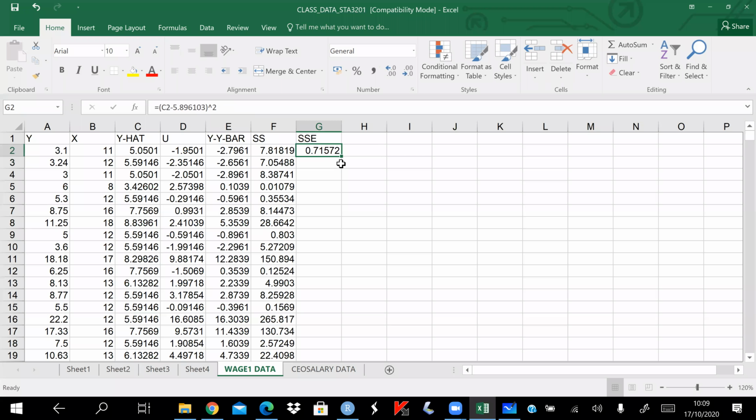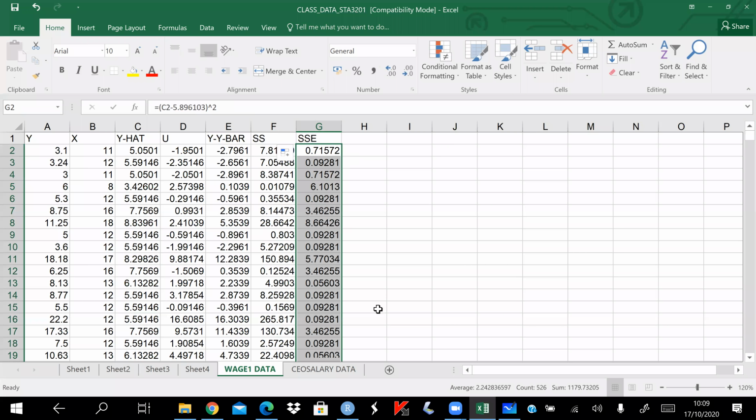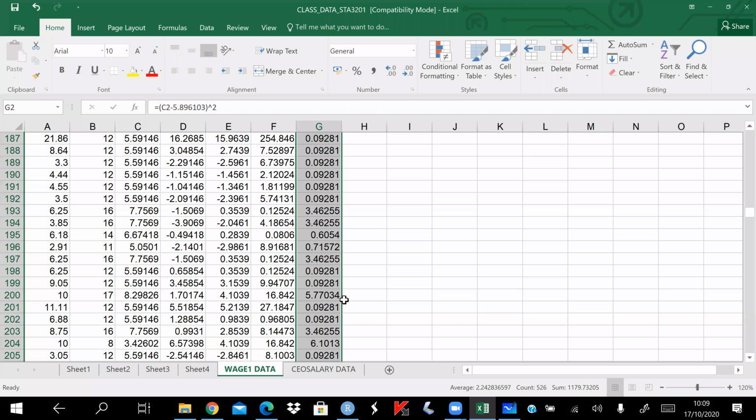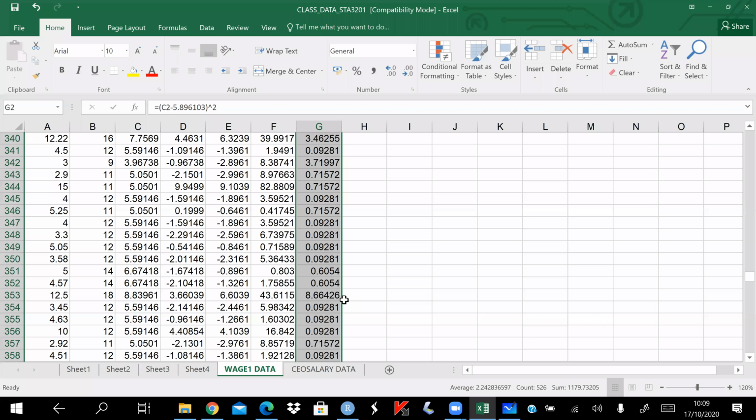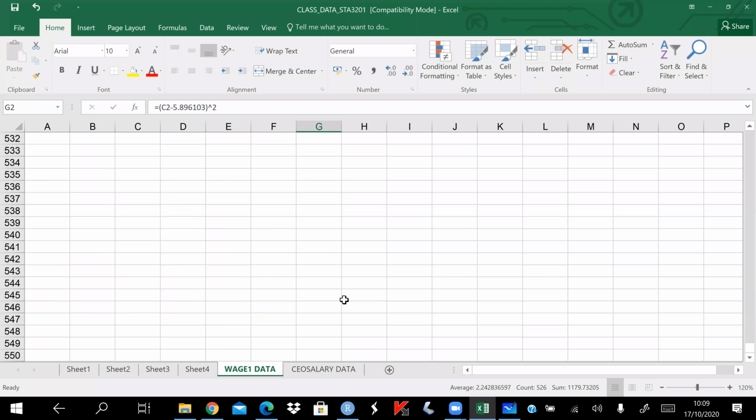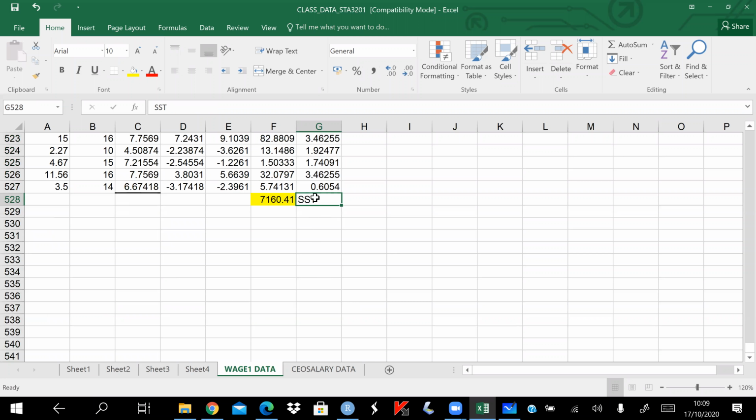Now I just copy the formula down. Then I want to get the sum. Sorry, this one is SS total. Here I need the auto sum, like that. So this one is the explained sum of squares.